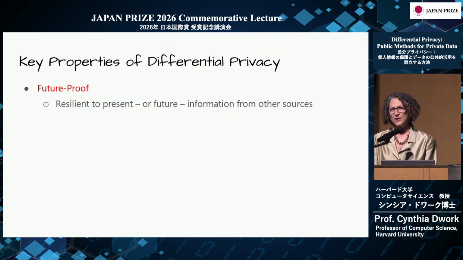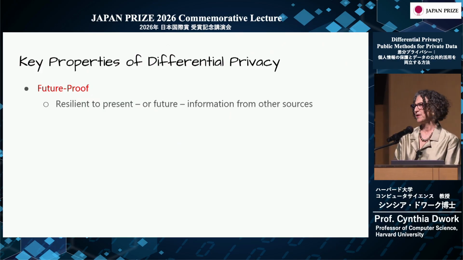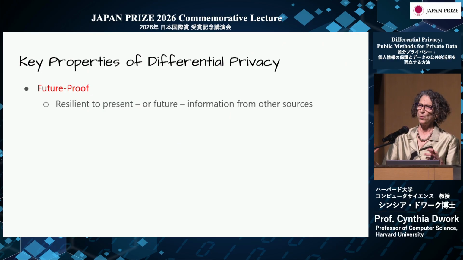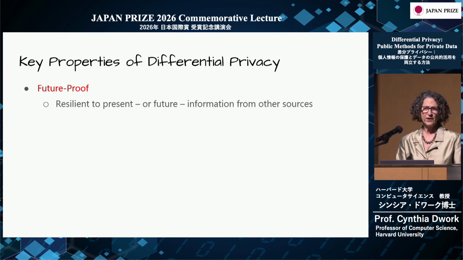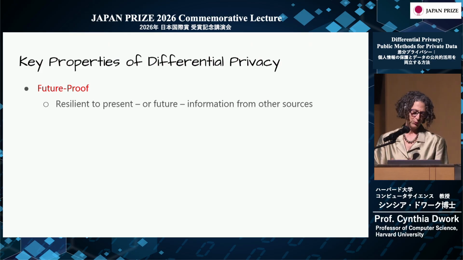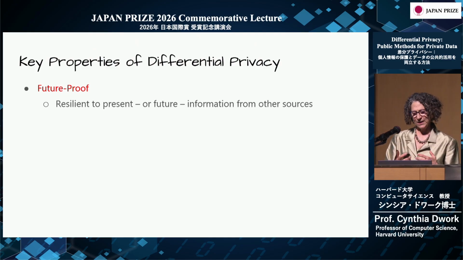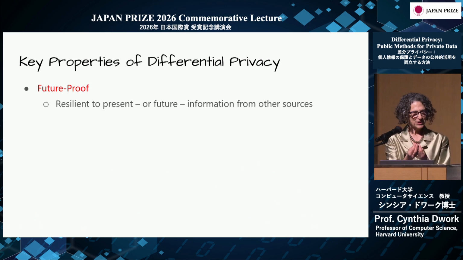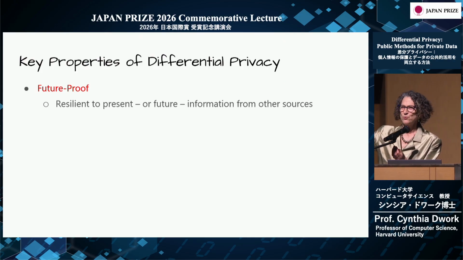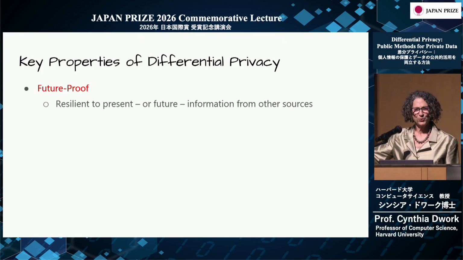Now, there are certain nice properties that follow from the definition, independent of how one actually implements differential privacy. And one of them is being future-proof, or resistance to post-processing. And it says that the ability to figure out whether somebody was included or not doesn't change when an adversary learns more information from other sources.